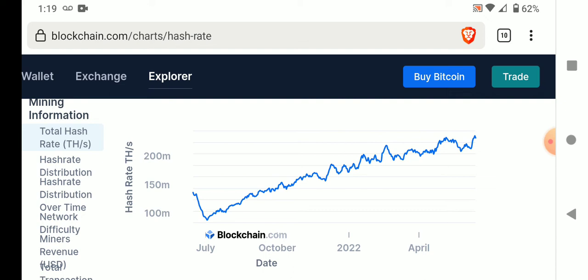Why is it going down, and why is the security going up? Because it needs security to go up, because the value is going higher and higher. That's why you see the security going higher and higher. There is this amount of threat from the whole current old system on Bitcoin.